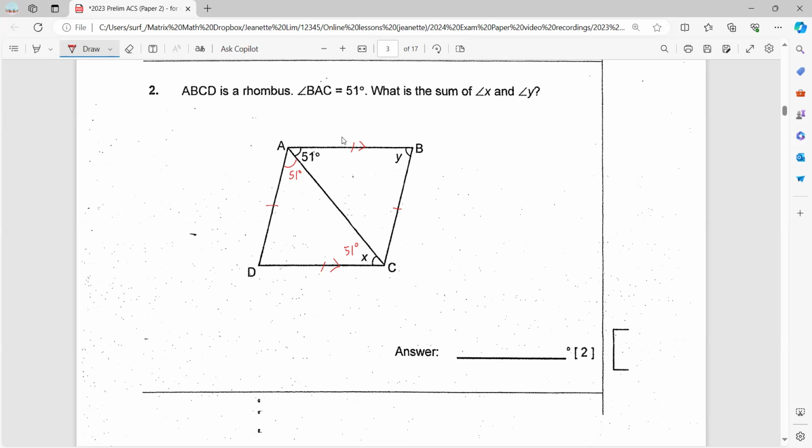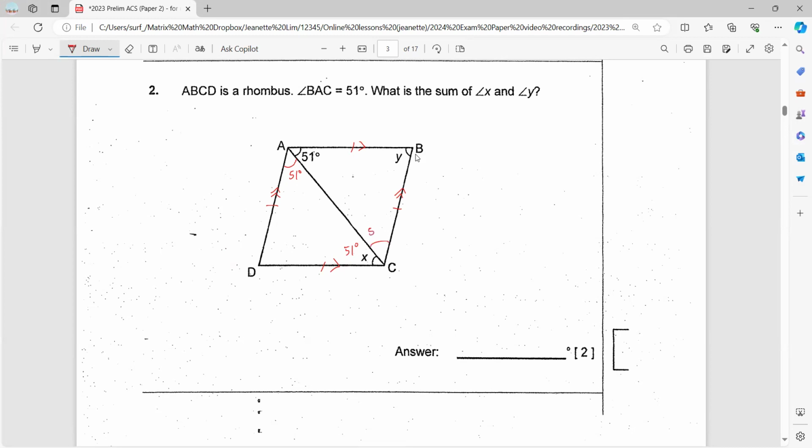There's a few ways to get Y, but I'm going to use, okay, we have another alternate angle here, right? Because this one is parallel. You may have seen it in a different way, but this is how I do it. So this is alternate angles as well. So this is 51.